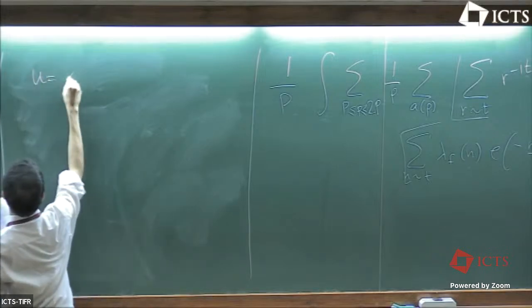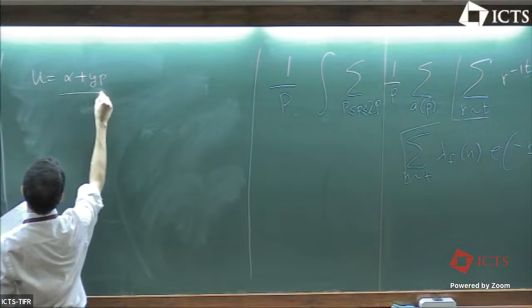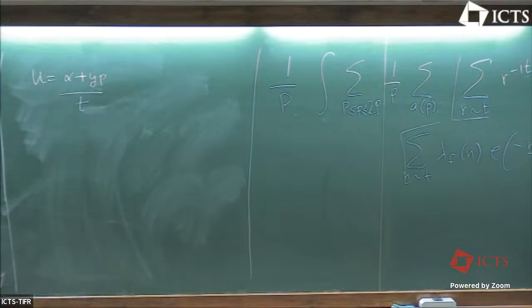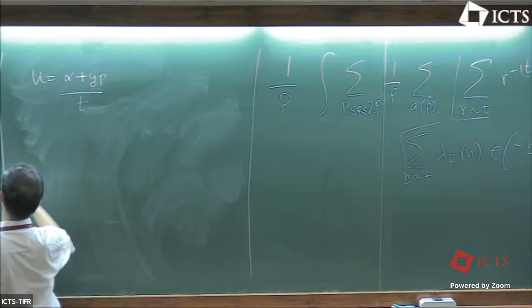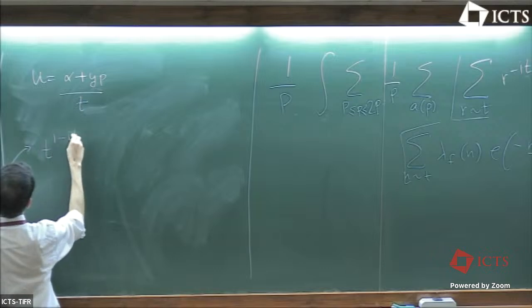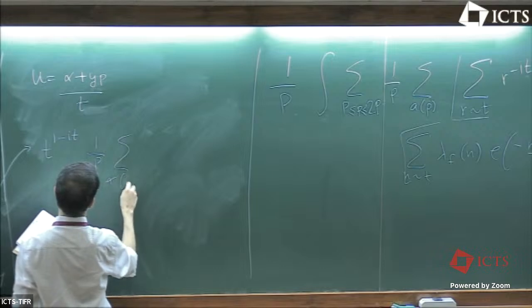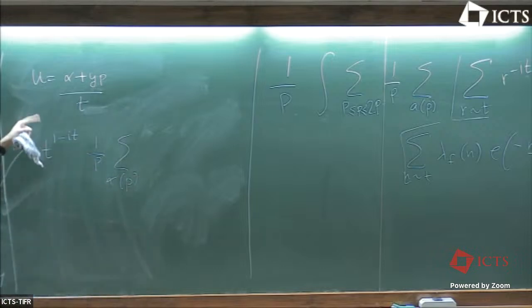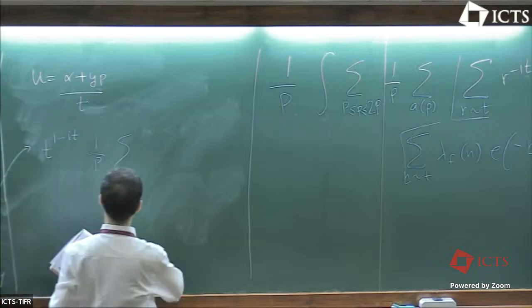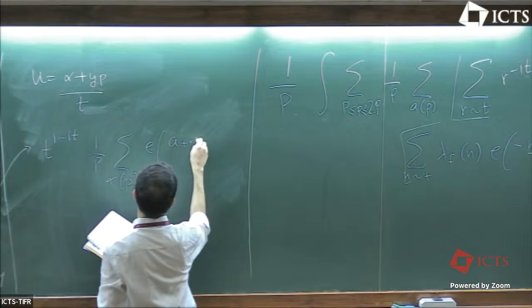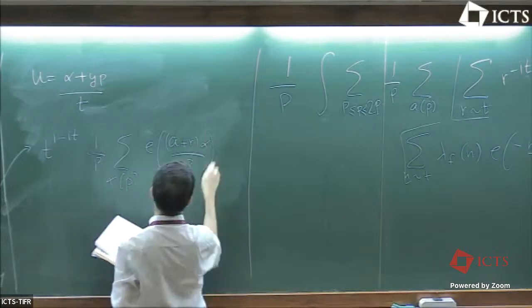Let's say u is alpha plus yp over t, and then once you do the change of variables, what you end up getting is t to the 1 minus it outside. Because you have done this change of variables, you're going to get a 1 over p outside. There's going to be this alpha summation modulo p, which is e((a plus r) alpha over p), right?